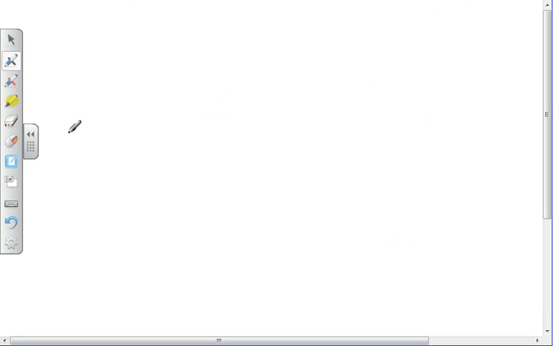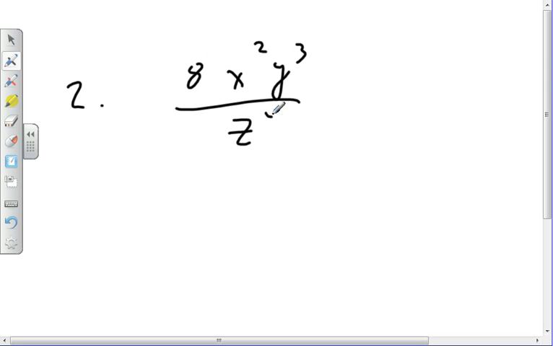So now we're going to do problem number 2. I have 8x squared y cubed z to the 4th, and I want the log base 3. I'm supposed to write this in expansion form of sums, differences and multiples of single logs.